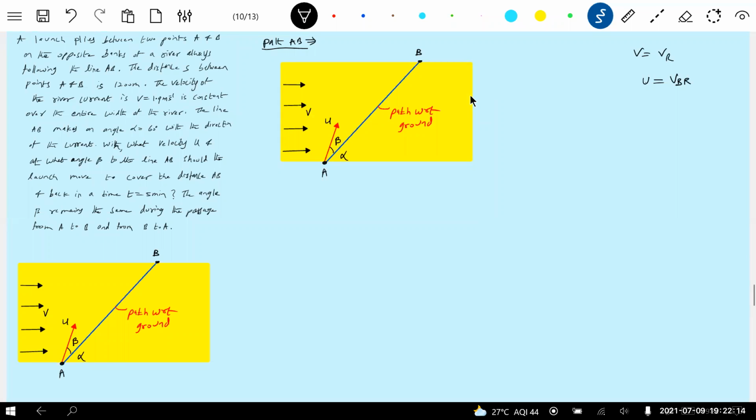So for that, already VR is there. So VR, V will come here. So for the velocity of the boat I'll write only VB. The velocity of the boat with respect to ground should be directed along AB, then only the boat can move along the path AB.